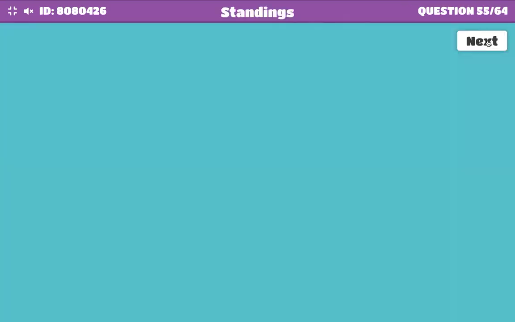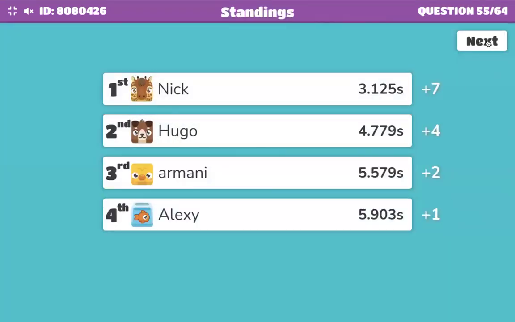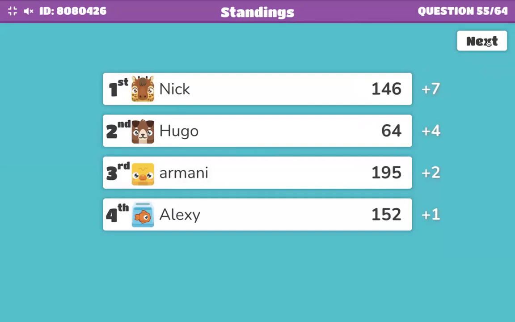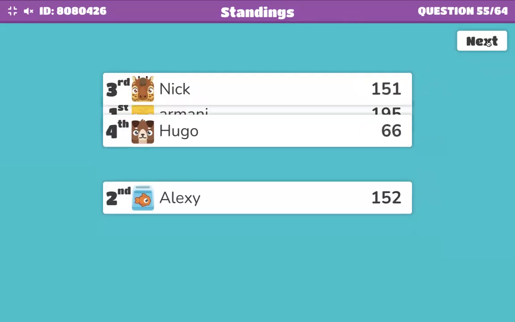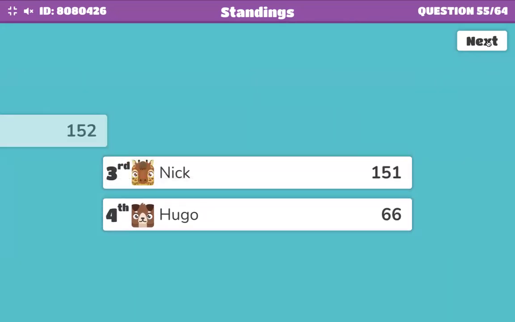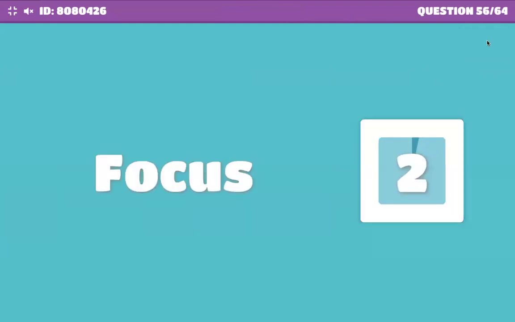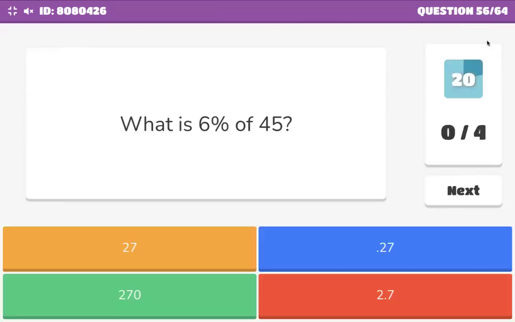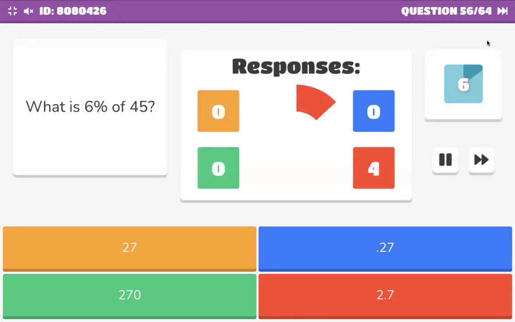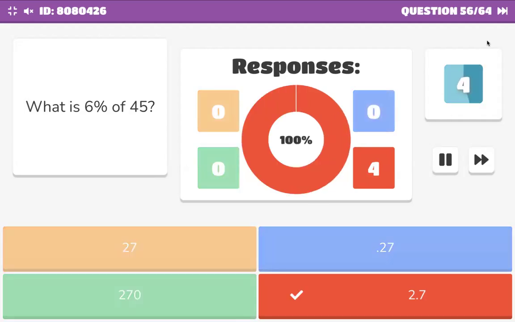So it decreases memory collection, reduces growth in skeletal muscles, increases risk of cancer. What is 6% of 45? Yep, 2.7.